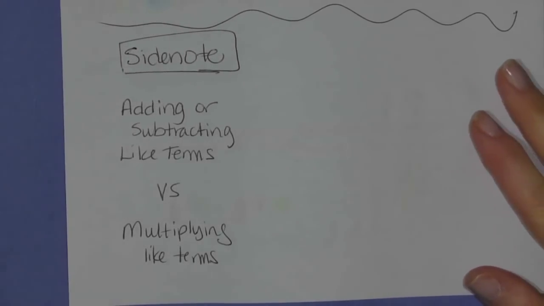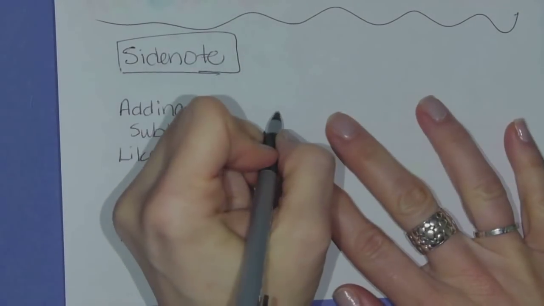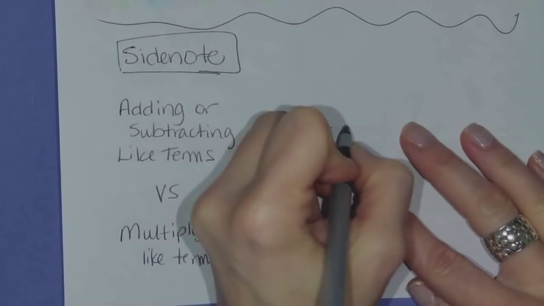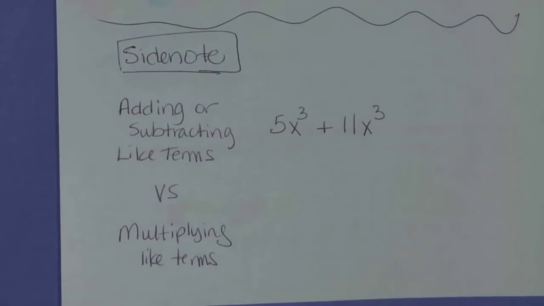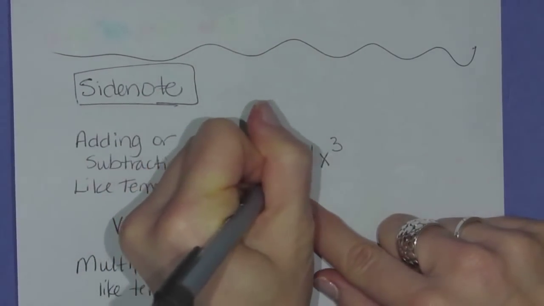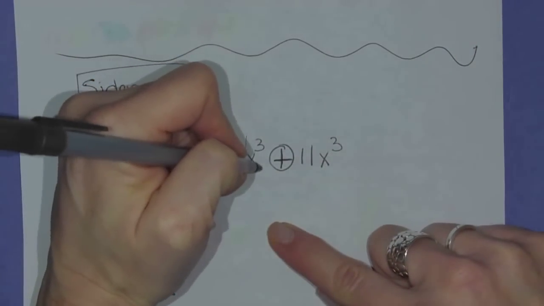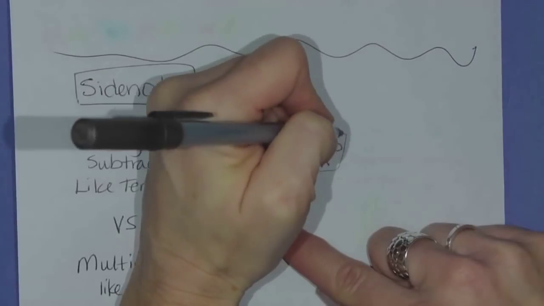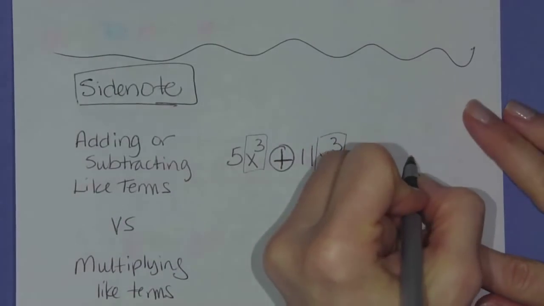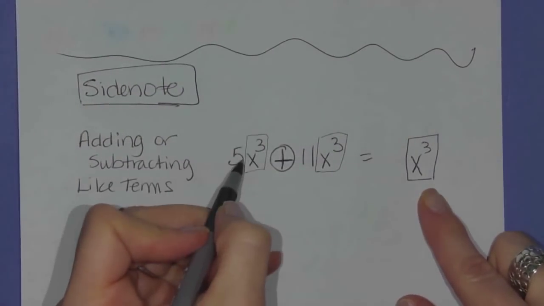So let me give you an example here. So say you were adding these two like terms. Let's say 5x to the third plus 11x to the third. Now from the work that we just did, when you add, or subtract for that matter, like terms, the variable component of your monomials, so the x to the third and the x to the third, that just comes along for the ride, stays exactly the same, and you add the coefficient.